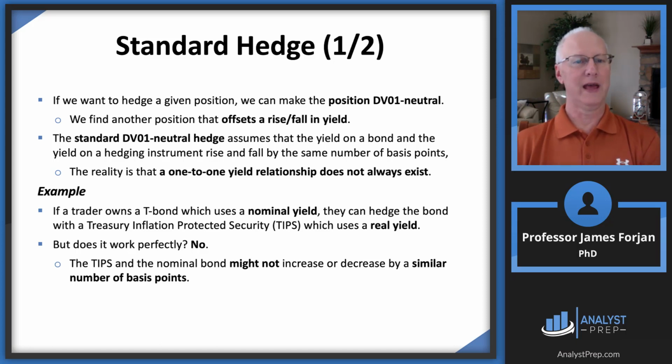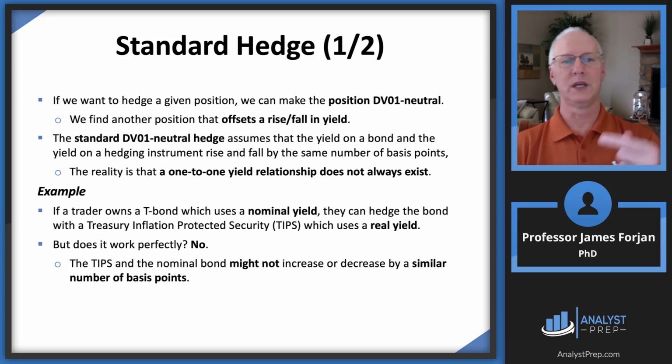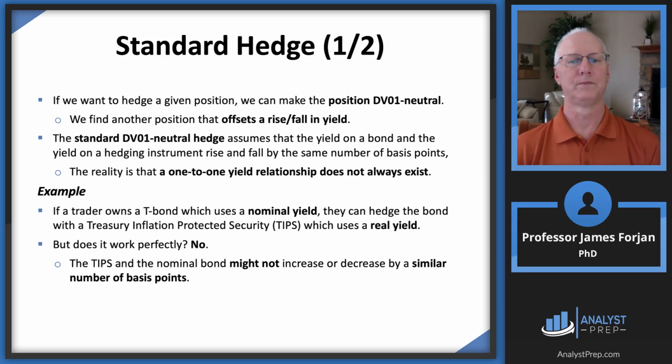Now notice back in that perfect hedge, because of convergence, we had an exactly one-to-one relationship, at least as it approached maturity. But of course, that's not going to happen in the fixed income world. And the reality of life is that the one-to-one relationship between the yield on the spot instrument and the yield on the hedging instrument is probably not going to be one-to-one.